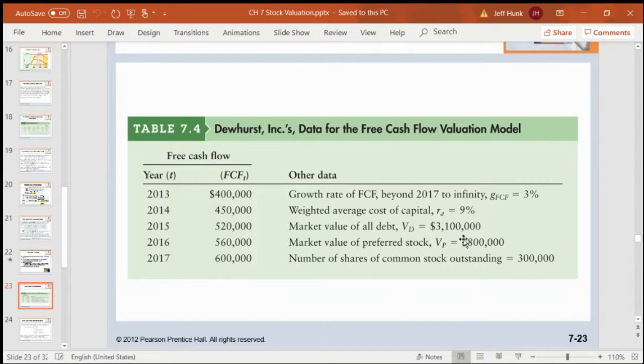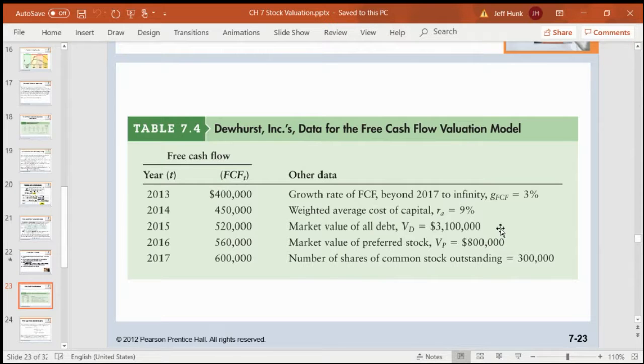They would make you calculate it, actually, based on the capital structure. And the number of shares outstanding, common stock, right? Number of shares of common stock outstanding, 300,000. So it's almost served on a silver platter. Everything is provided.